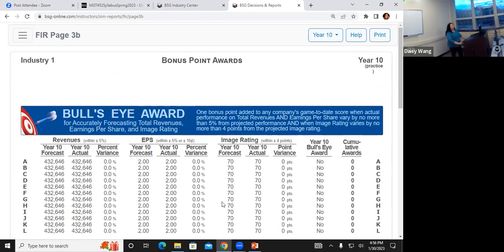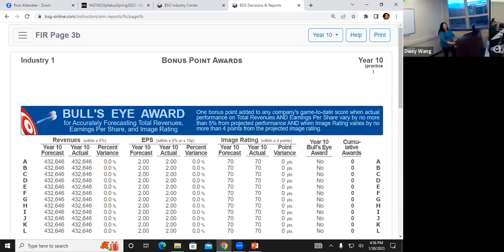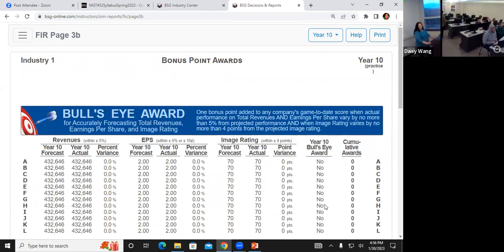So we have the Bullseye Award. If your estimate is very close, like here, the revenue estimate is within plus or minus 5%, and EPS within plus or minus 5%, and image rating within plus or minus 4 points, then you will get the Bullseye Award.